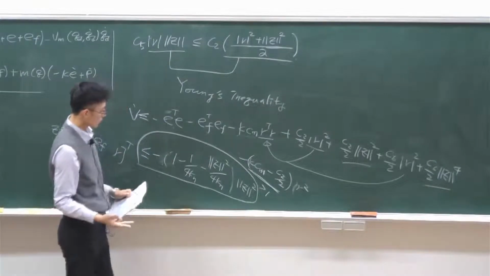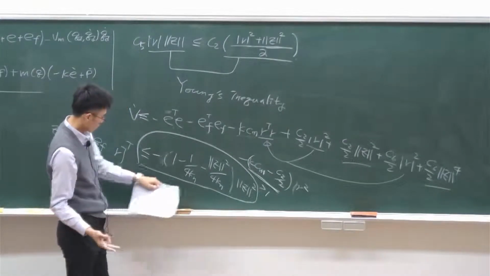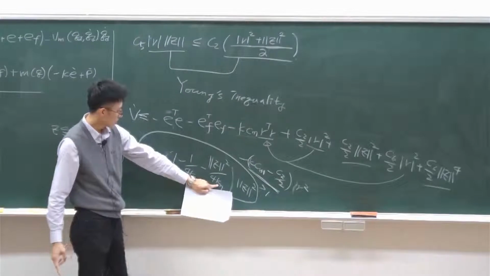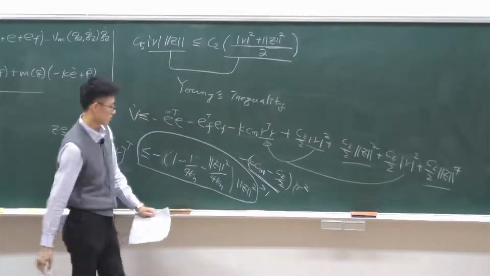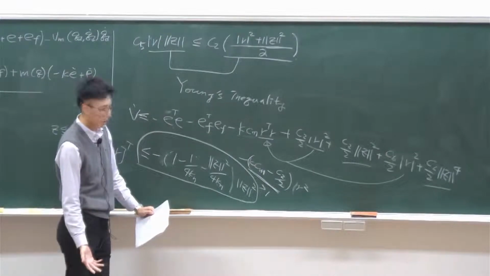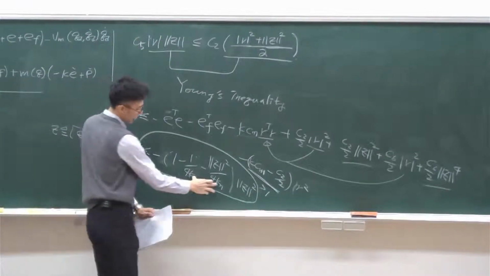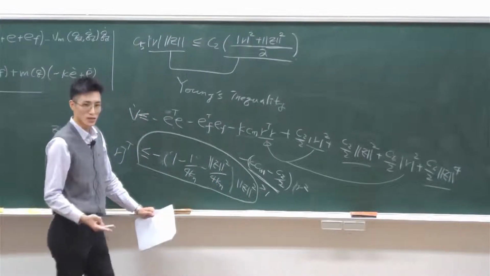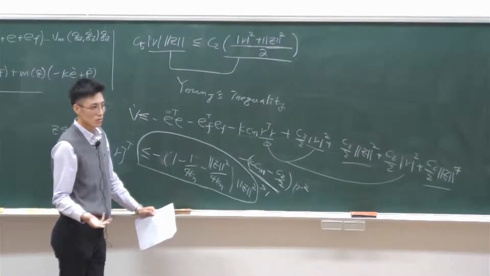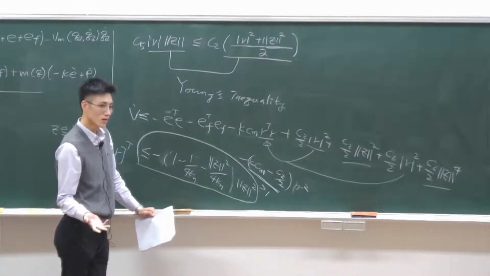Okay, and there's two ways. One, you increase Kn so that this summation of these two will become smaller, right? Another one is you fix Kn, you increase Z. Well, Z is the state. You don't know where Z can be, right?